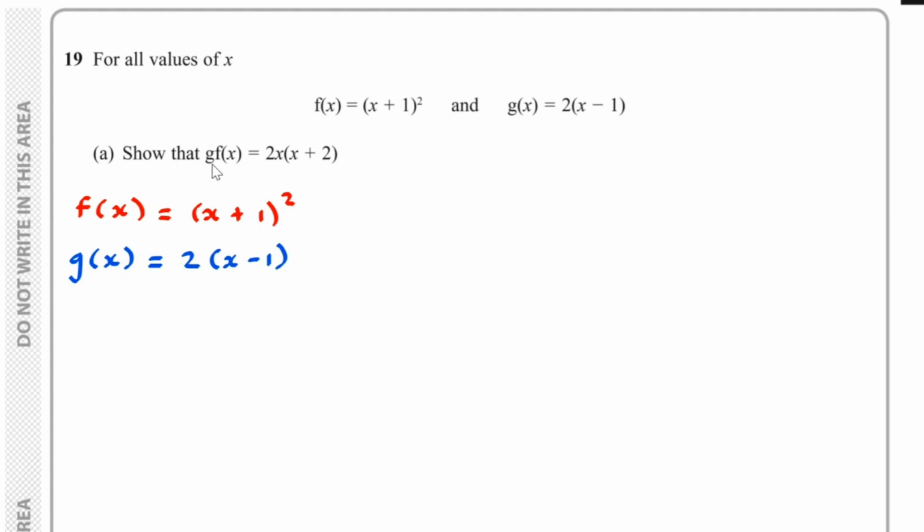So for us to work out g of f of x, that means I take my g and then I input into this f of x, which means I replace the x with x plus 1 all squared. So I have 2 multiplied by x, which is being replaced by x plus 1 squared, and then I have the minus 1.